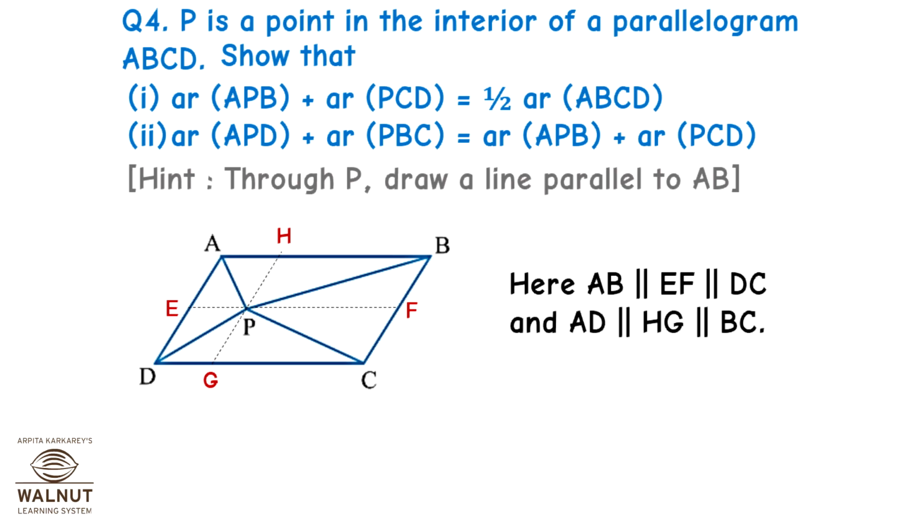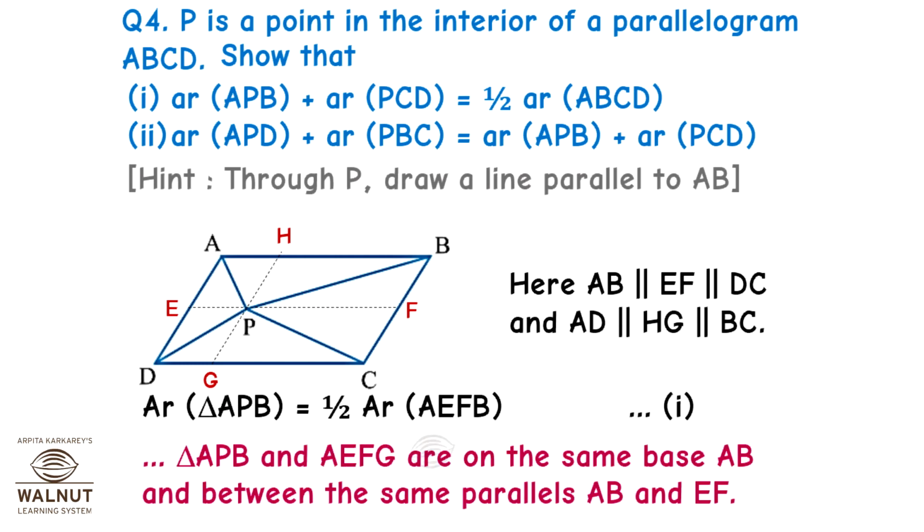Here, AB is parallel to EF is parallel to DC and AD is parallel to HG is parallel to BC. Now, area triangle APB is equal to half of area AEFB. Let this be 1. Triangle APB and AEFB are on the same base AB and between the same parallels AB and EF.